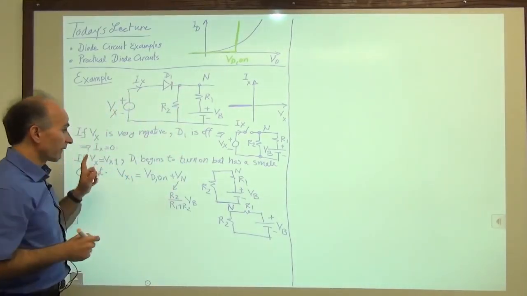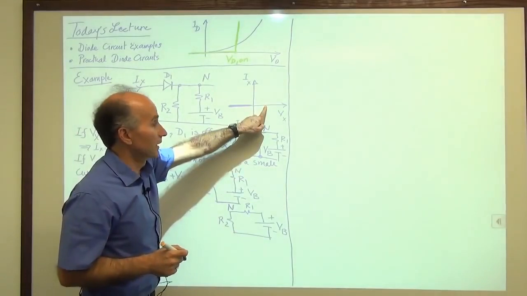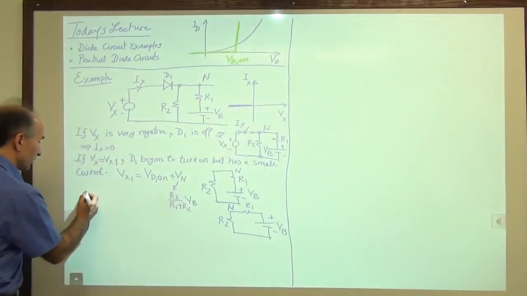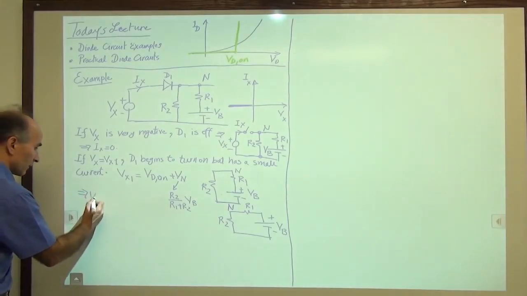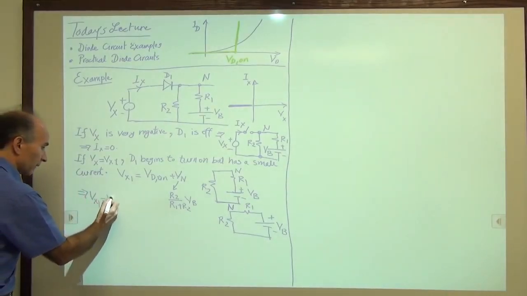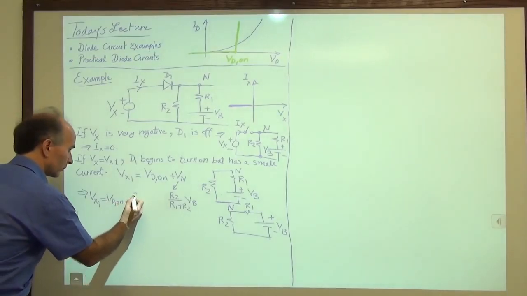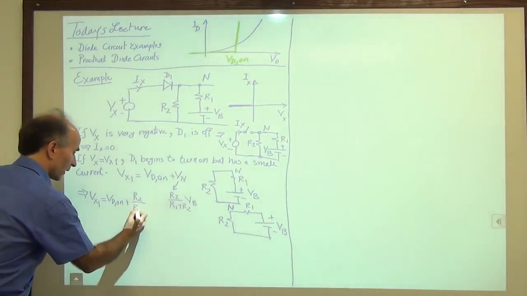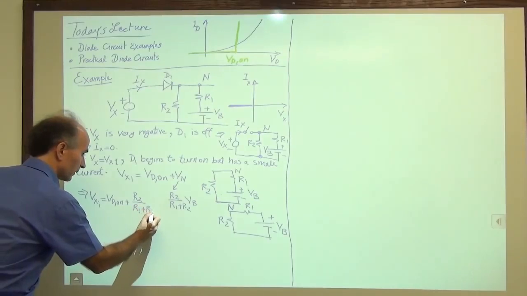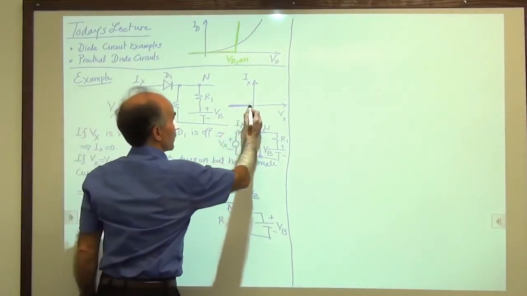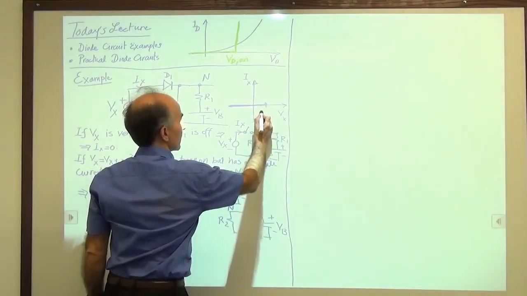Okay, so the value of Vx at which the diode begins to turn on, Vx1, is given by Vd on plus R2 over R1 plus R2 times Vb. So that is the value of Vx1 right here somewhere.